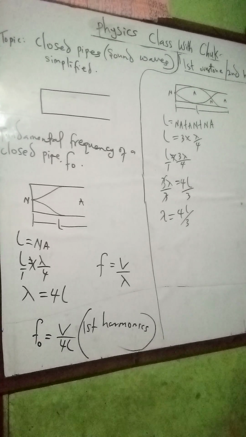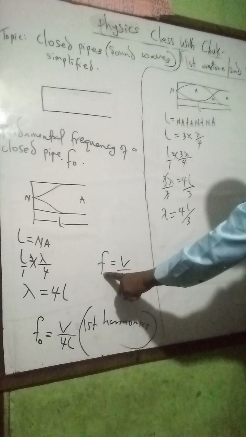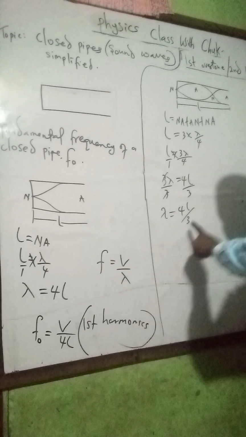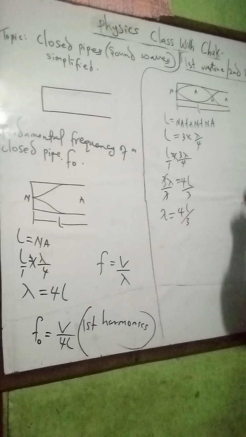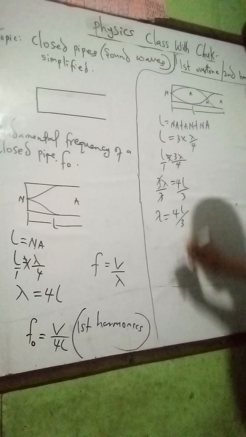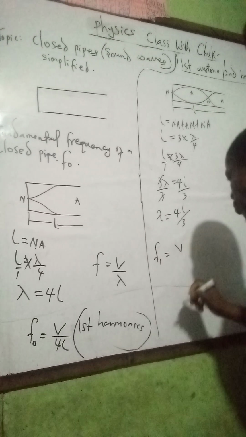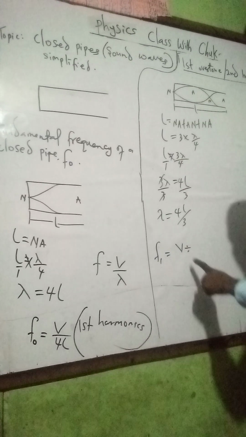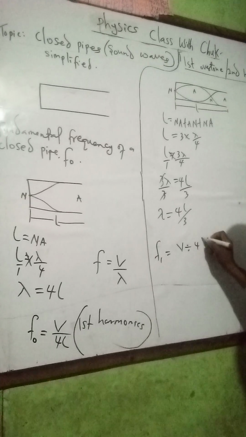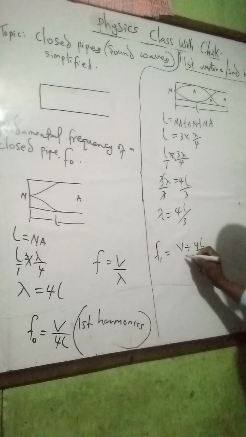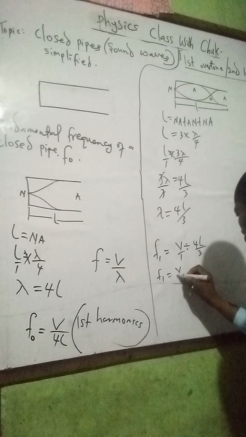Now, I'm still going to use the same equation here. I will put F1 here. Then where I see wavelength, I'm going to replace it using this to get the first overtone, which is the second harmonics, right? So my F1 will be equal to velocity V divided by 4L over 3, making it V over 1.